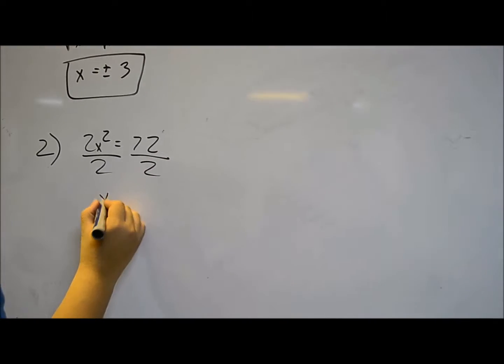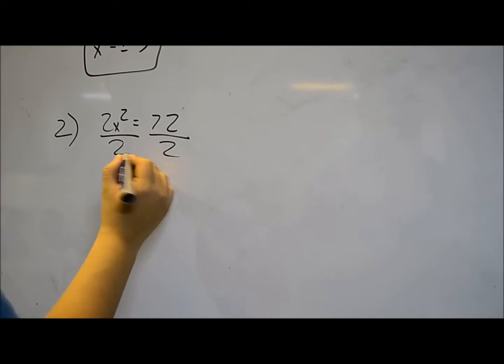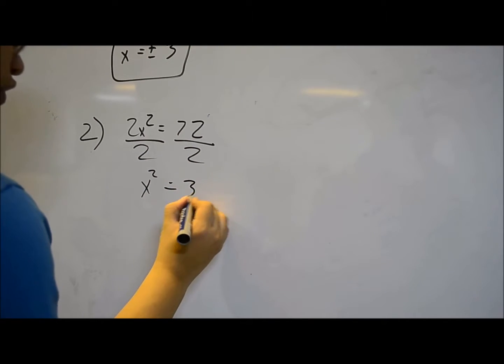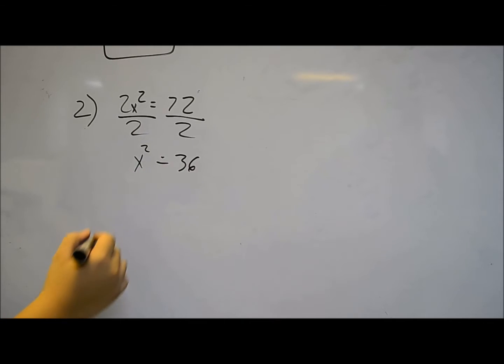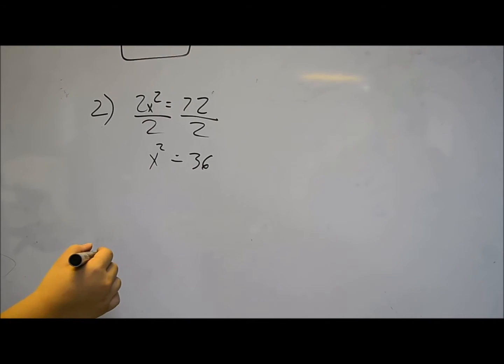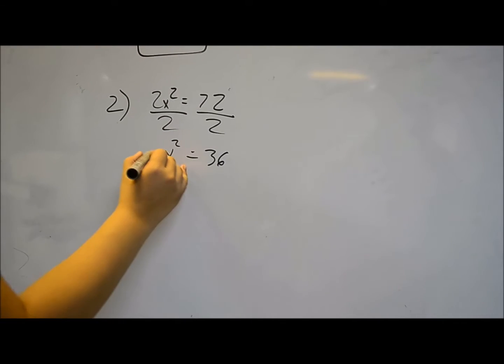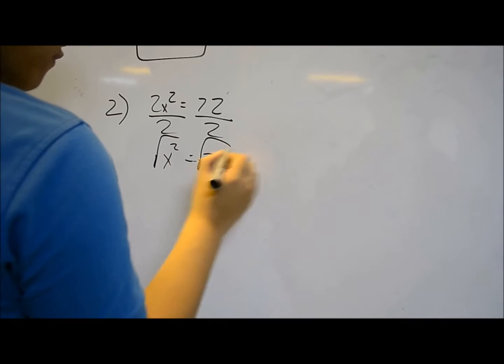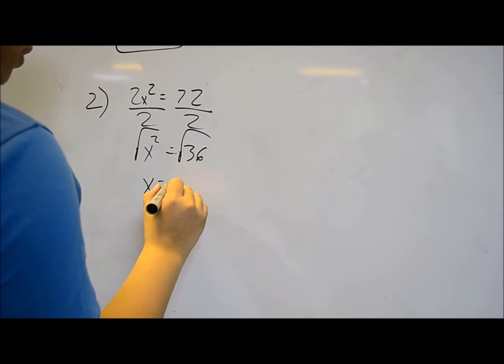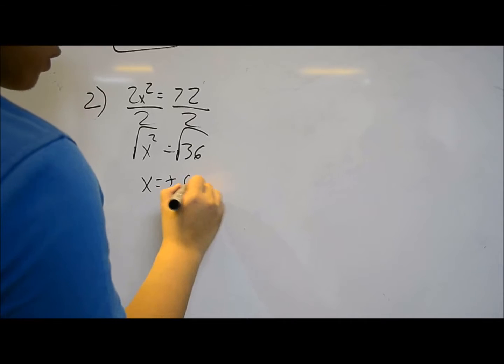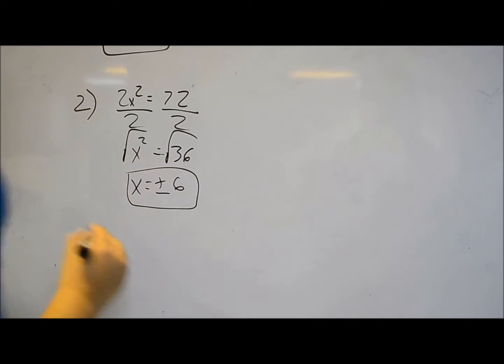This will become x squared equals 36. Now we can extract the square roots of both sides of the equation. We now have x equals positive and negative 6. Let's have another one.